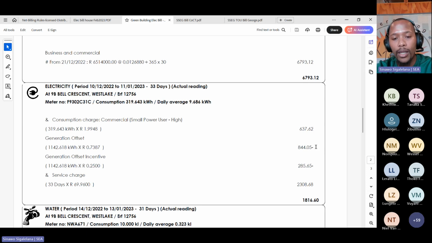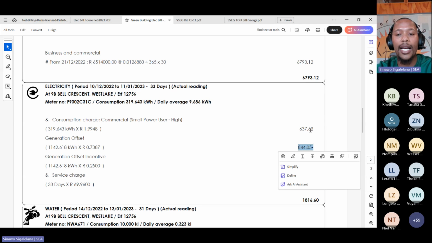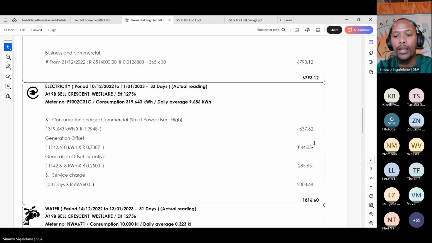If we look at this one, we already see that, wow, the offset is significantly higher than the consumption, and it still remains in the bill, right? If we followed the rules, this bill would not exceed 637.62. Anything else would pass over to the next month, right?